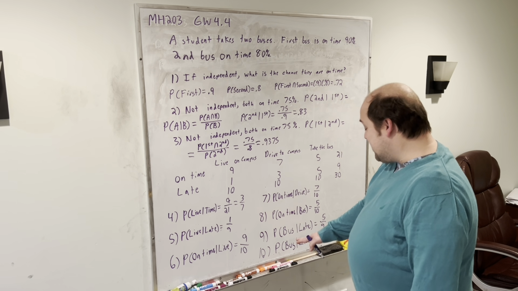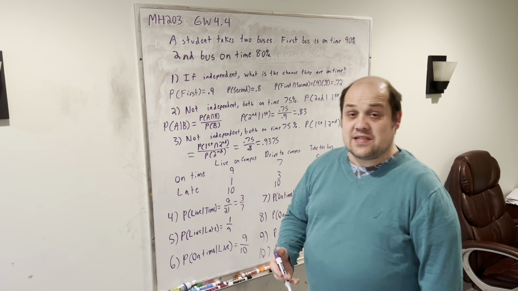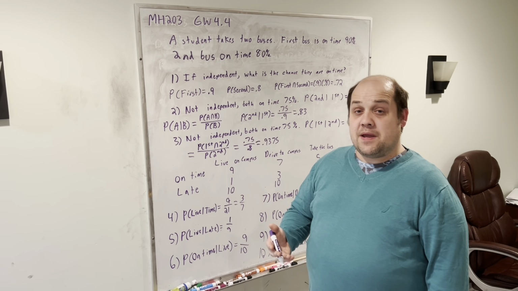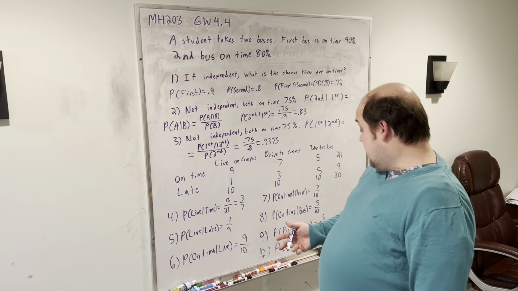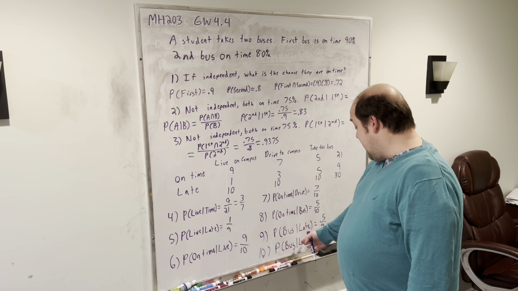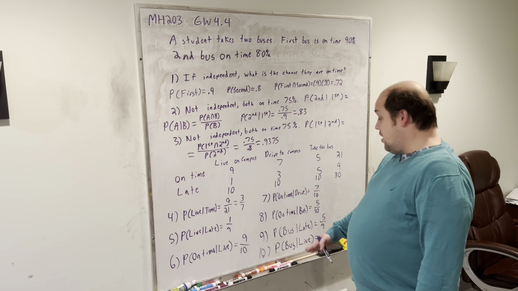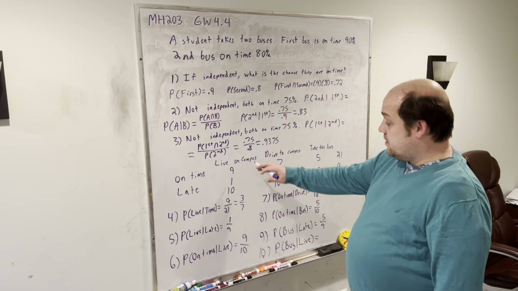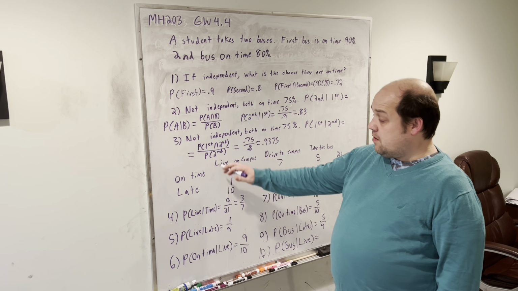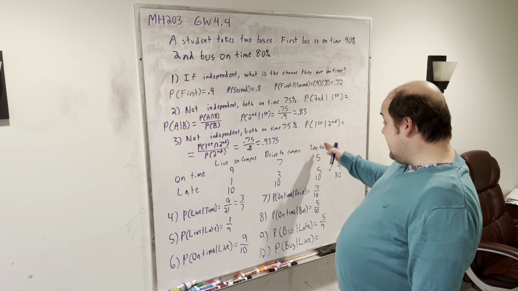For problem number 10, this is a trick. This is basically to reinforce this idea of things being mutually exclusive. In this case, it says what's the probability that they live on campus or that they take the bus, given that they live on campus. Well, given that they live on campus would be this first column. Within this first column, nobody takes the bus.